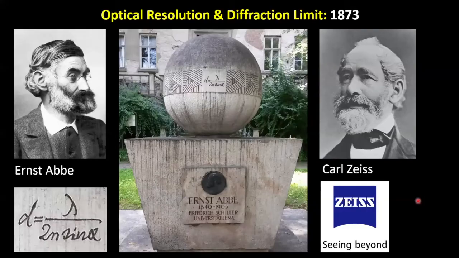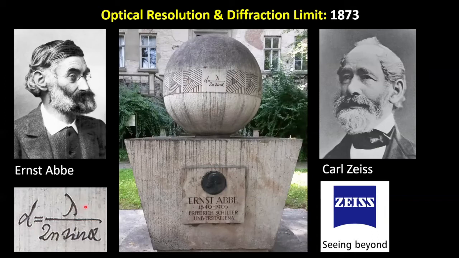And the optical resolution, or the diffraction limit, was first theoretically given in a mathematical formula by Ernst Abbe in 1873. At the University of Jena in Germany, there's a monument, and on the monument there's a formula you can see here and also showing here. The D is for the resolution. The smaller the D value, the better the resolution.